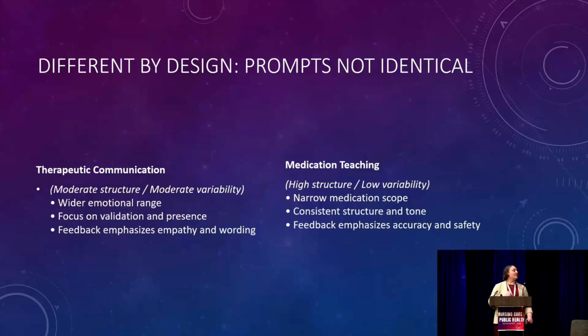Now, I want to talk about different by design. I've already hinted at this a little bit. I think it's really important. I have a really simple framework, but I do pivot based on the objectives. So I have one that I build for therapeutic communication, and it's geared toward human connection. My students are given 10 different prompts that they can choose from, and it's all about meeting patients or patient families in difficult situations.